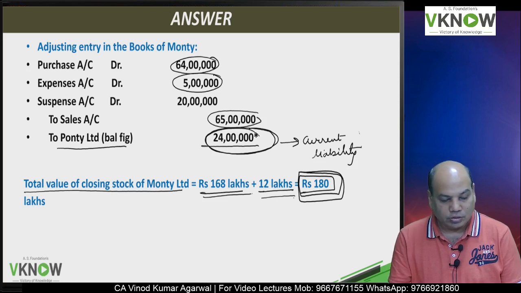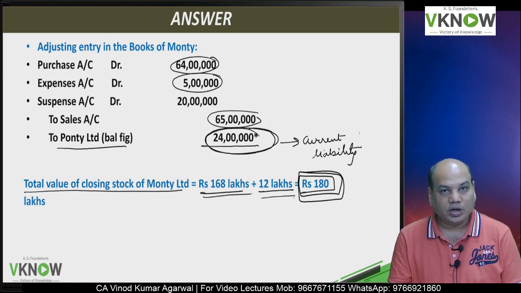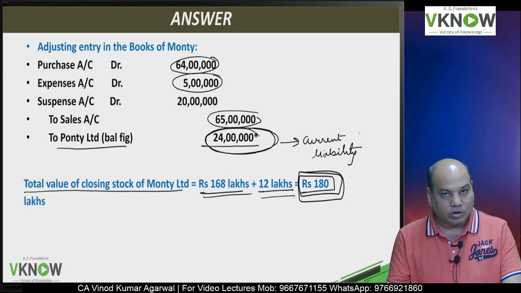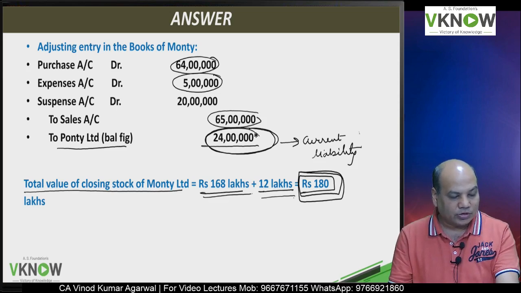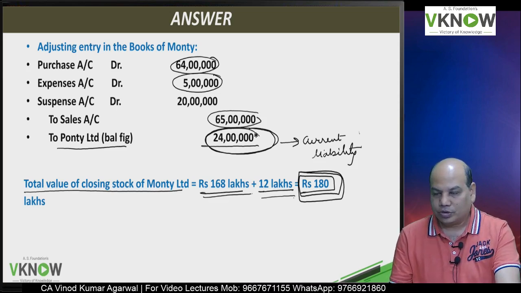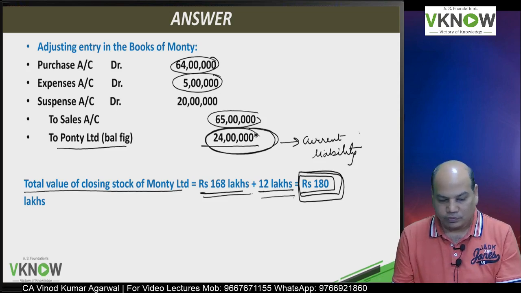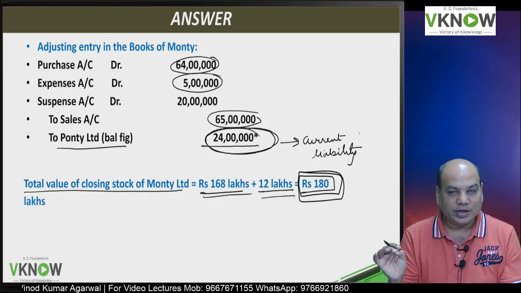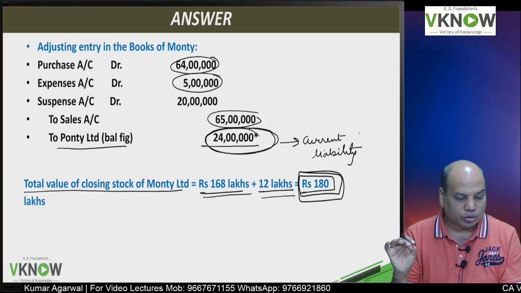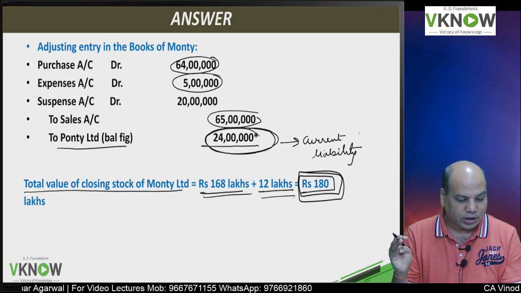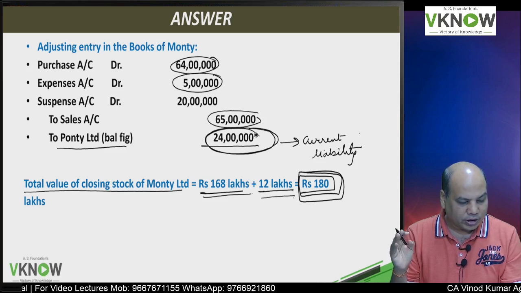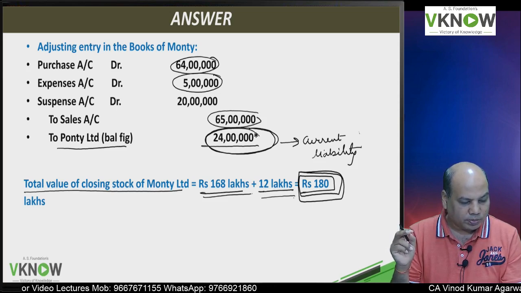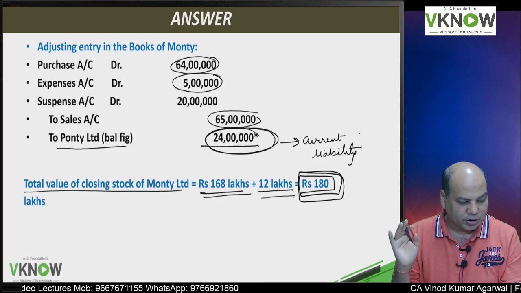Now in addition to this, we have to prepare P&L account and balance sheet. Now you will look at the trial balance which is given to you. Open your notebook fully, and in the trial balance identify the item which will go to P&L account. So one item is sales on the credit side. On the debit side we have opening stock, purchase, expense, depreciation.